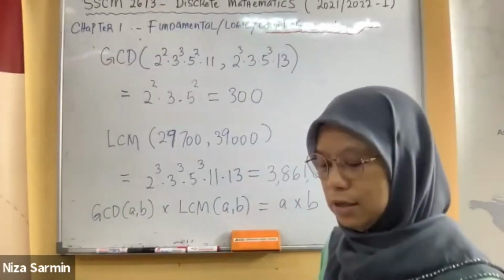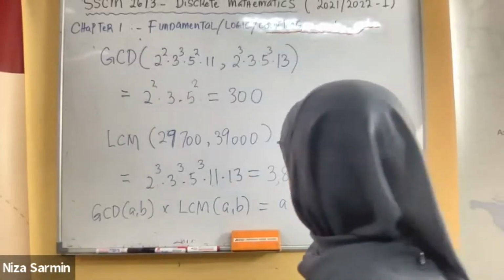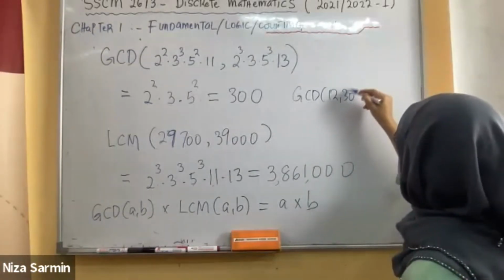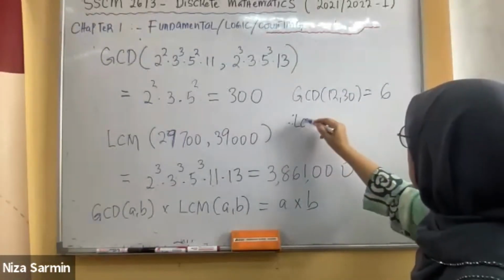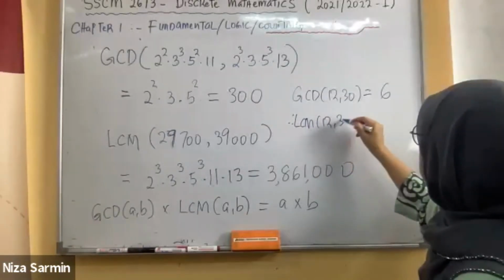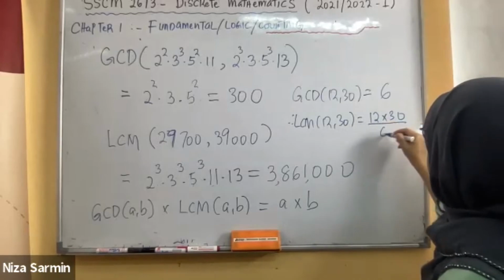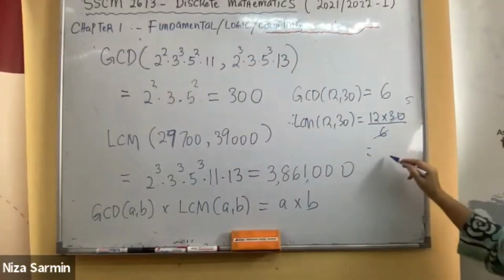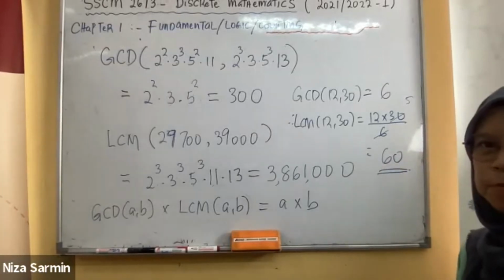Like just now, what is it? GCD of 12 and 30 is 6. So LCM of 12 and 30 is 12 times 30 over 6. So we get 60, right?